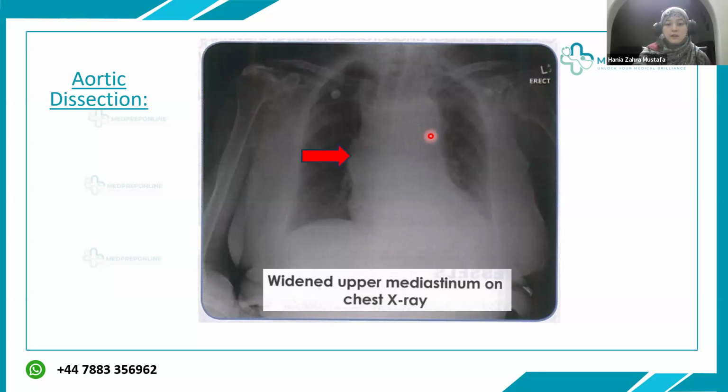You can see the mediastinal widening in this one. It is the widened upper mediastinum on chest X-ray, aortic dissection. And the patient is always a hypertensive lady or a hypertensive man, or maybe having Marfan syndrome. Now moving on to the next one.